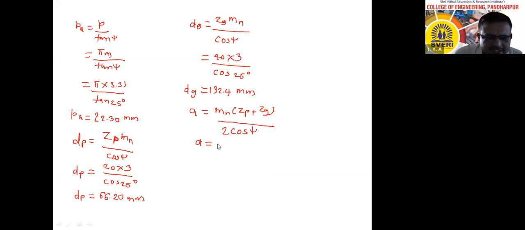Mn ची व्हॅल्यू किती आहे ती 3. 3 into bracket 20 plus 40 divided by 2 cos of 25 degree. Yes, correct.